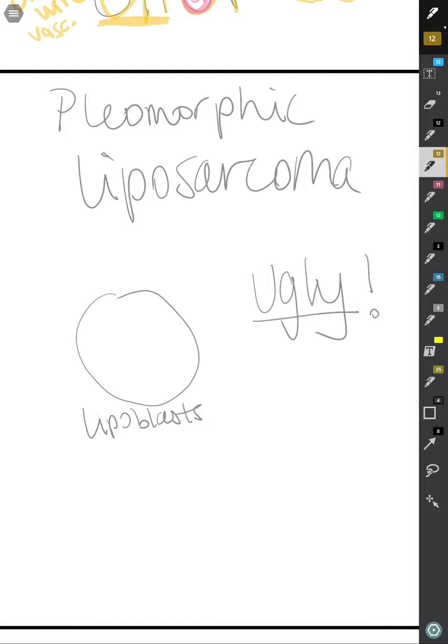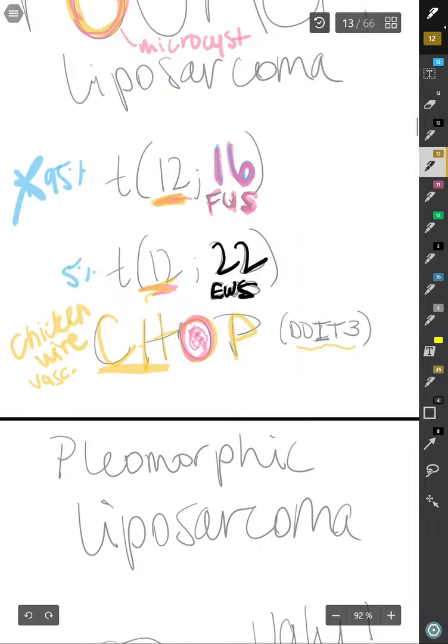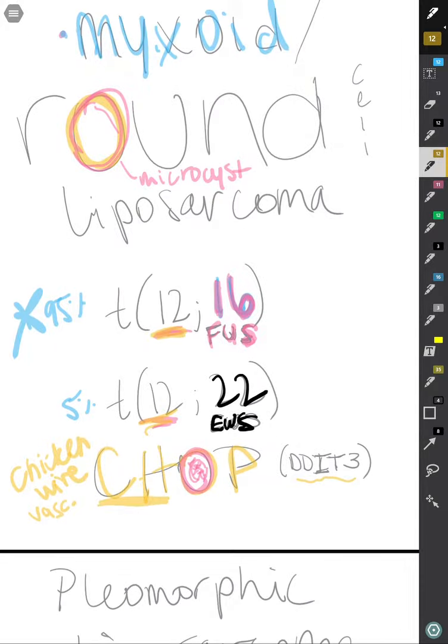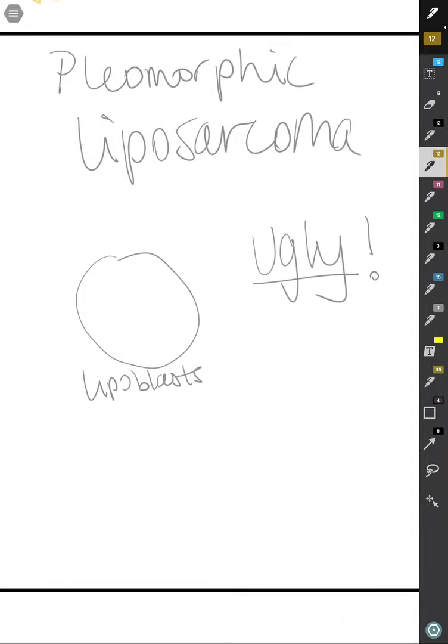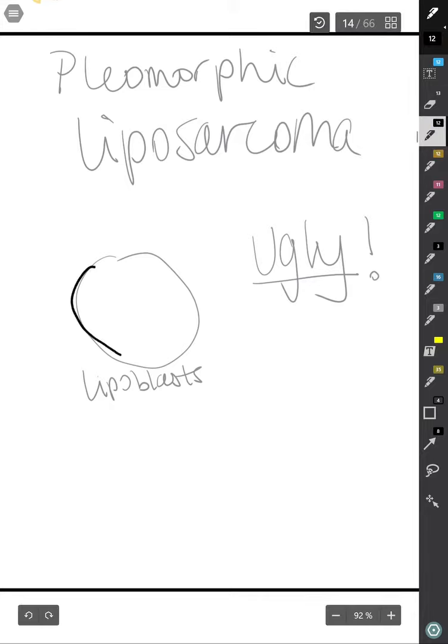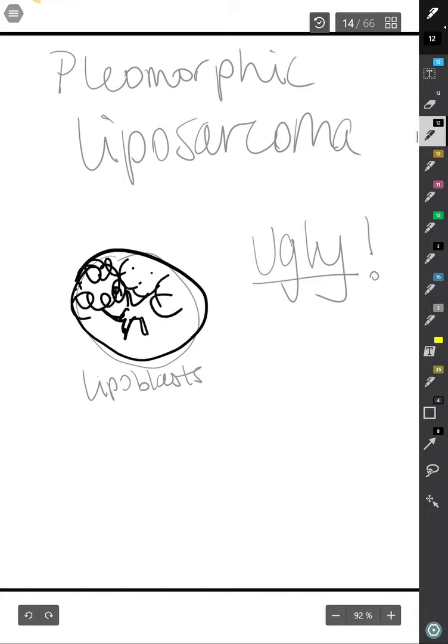Then we have our pleomorphic liposarcoma. In this entity you can see lipoblasts, but the one where you see a lot of lipoblasts is going to be this pleomorphic liposarcoma. In the previous lecture, I went over the lipoblast: if you're a blast and you keep proliferating and it's a fat cell, it keeps trying to make all these fat globules that fill up the cytoplasm.